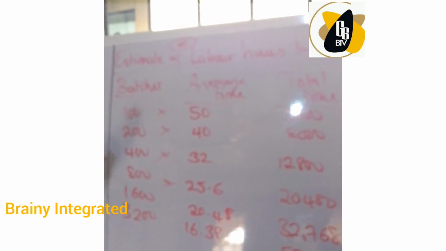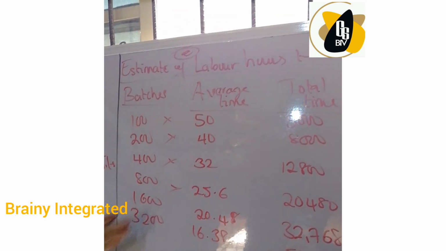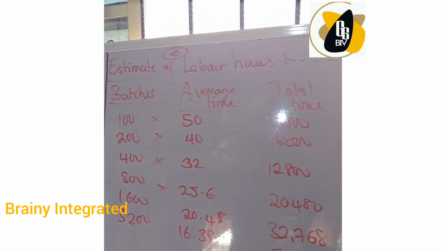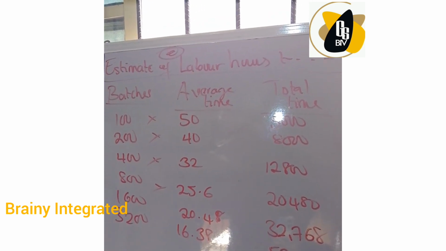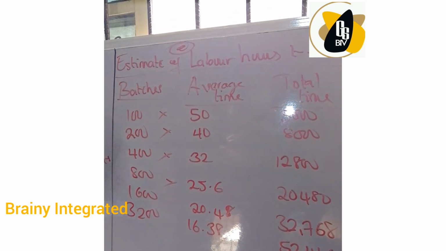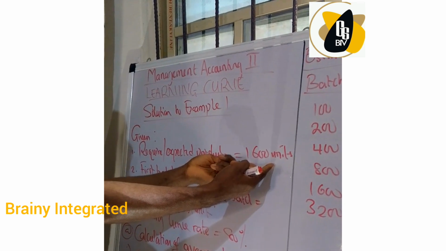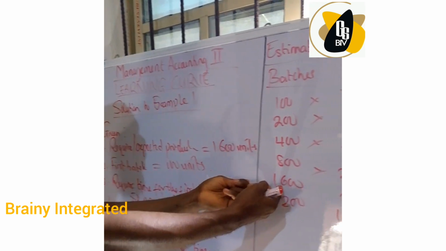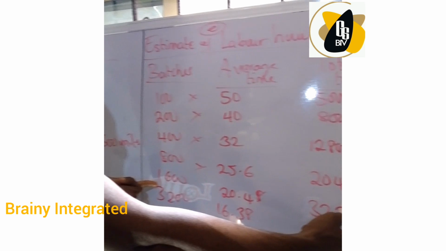Now that we have done this, this is the tabular format. The question says, prepare an estimate of labor hours of fulfilling this contract. What is a contract? The production of 1,600 units. So you are now going to go straight to the table and say 1600 units, what is the total time that is required?